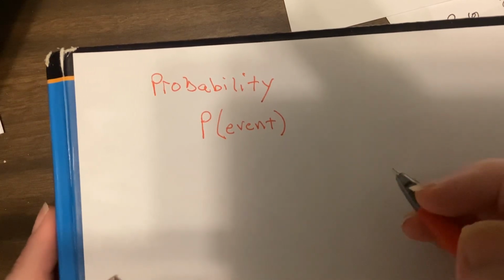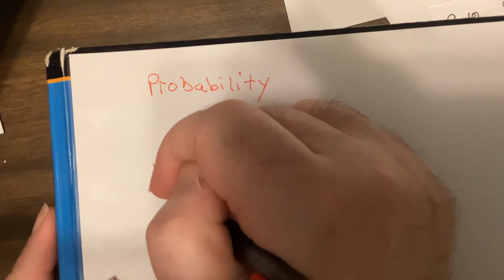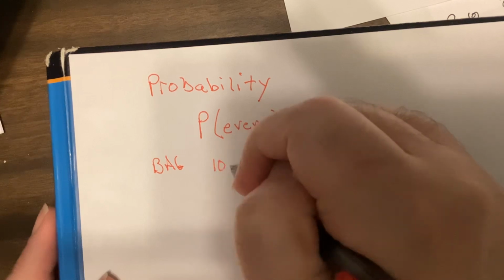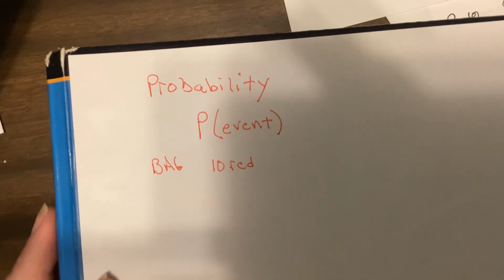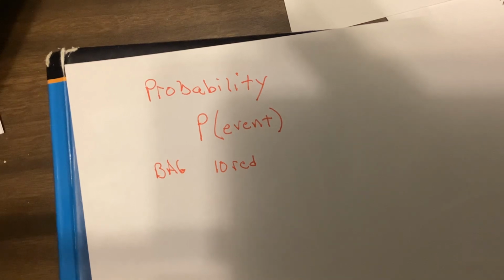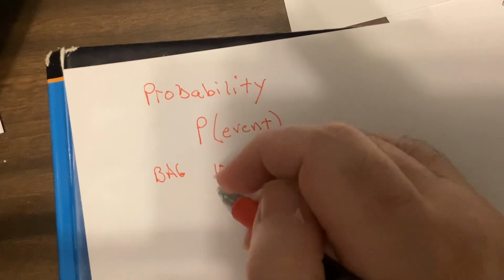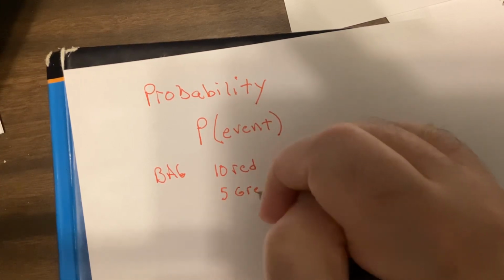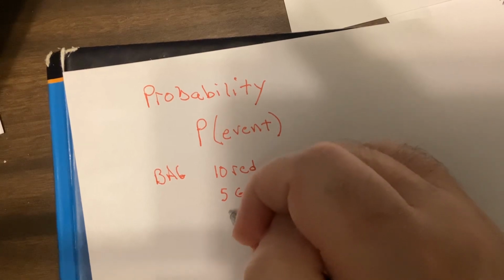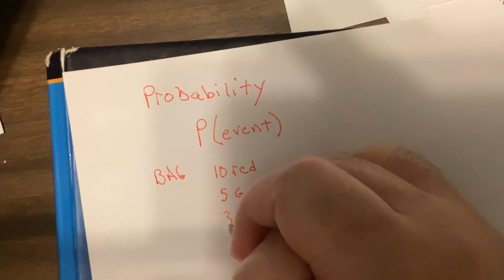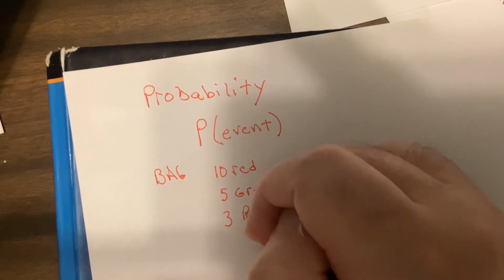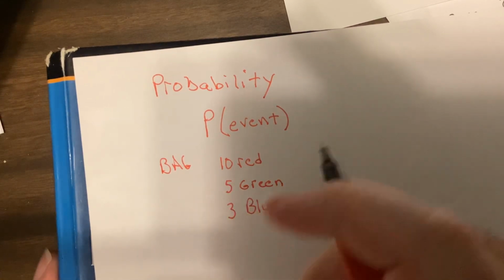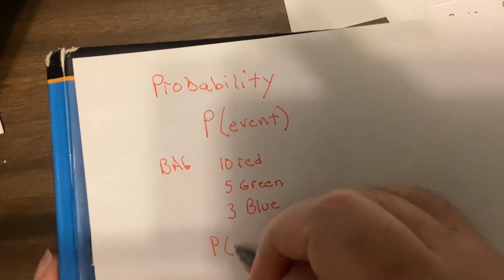So, if I said we have a bag that has 10 red marbles, also has 5 green, and it has 3 blue. And I said, what's the probability I put my hand in and pull out a blue?